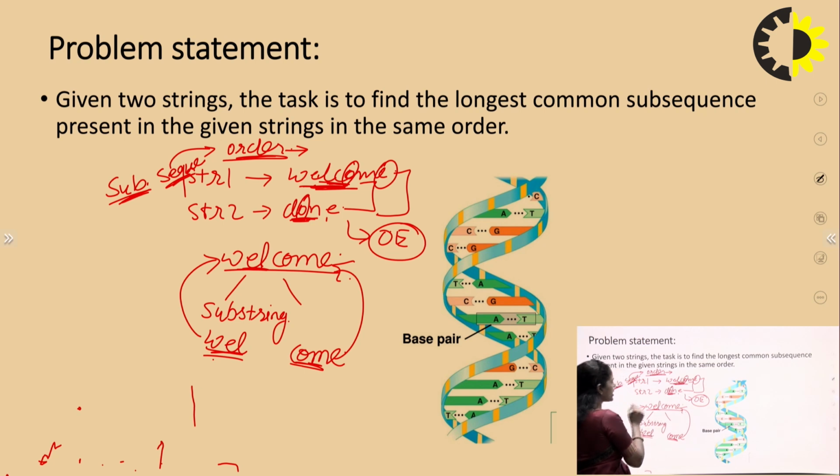For example, EL is a subsequence, and CO or CME is a subsequence, but what is the common subsequence of these strings? This is the main concept. So this is the problem statement.